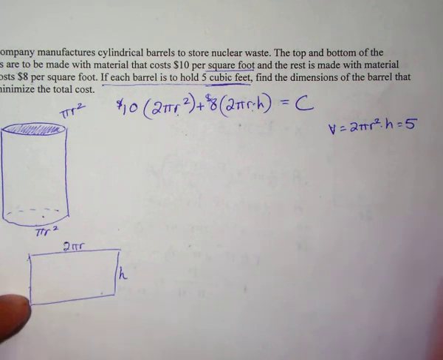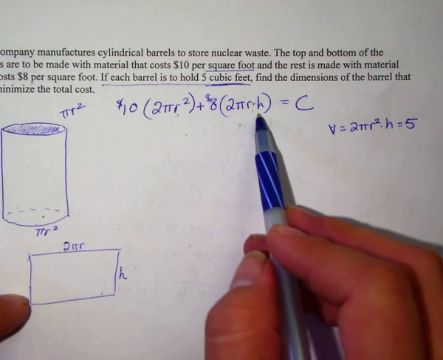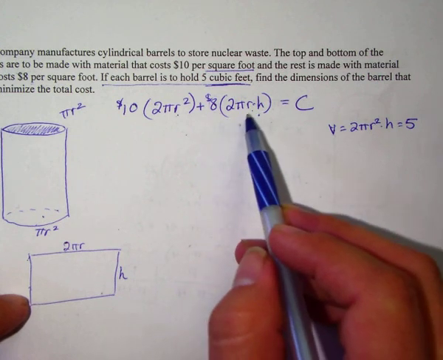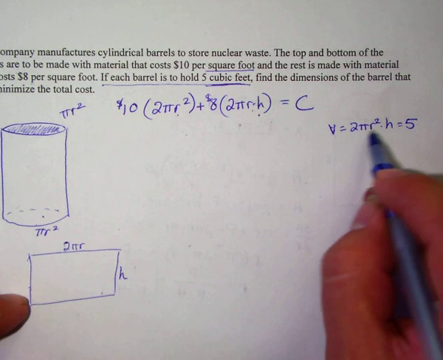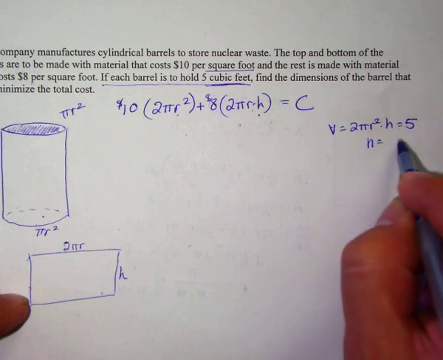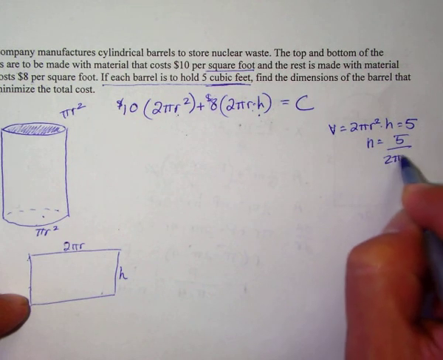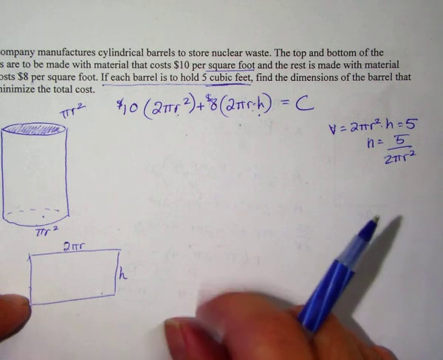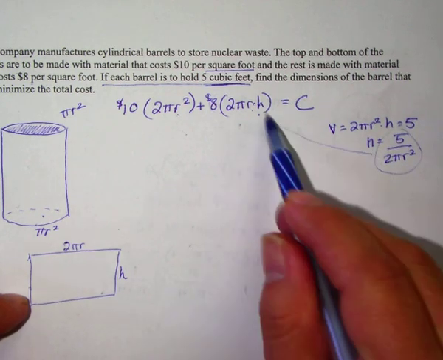So I think the easiest thing to do maybe is to substitute for h, since we don't really want to have a square root to start with. So h is going to be 5 over 2 pi r squared, and we're going to go ahead and substitute that right here for h.